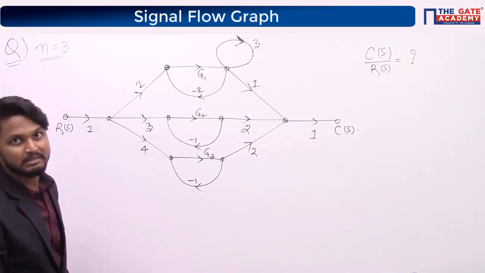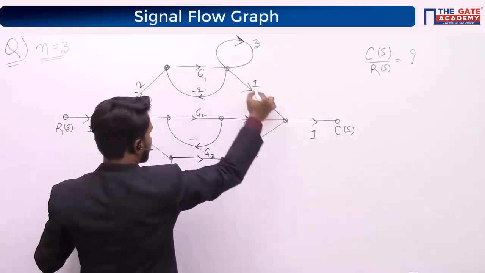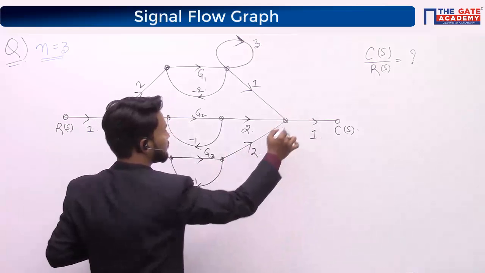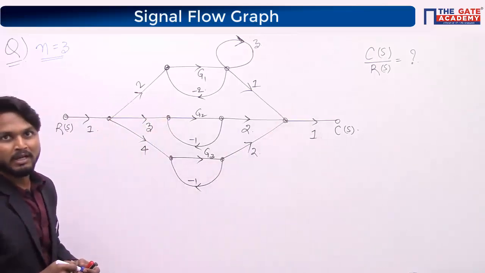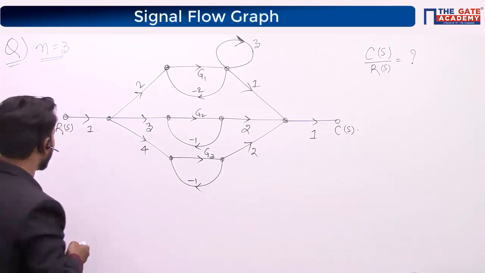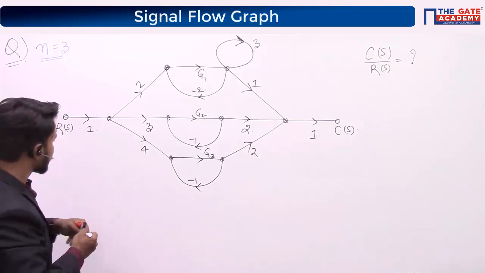Therefore, this is the first forward path, this is the second forward path, and this is the third forward path, right? So let us write down the gains of each and every forward path.